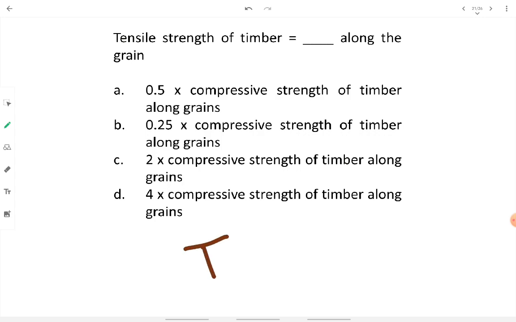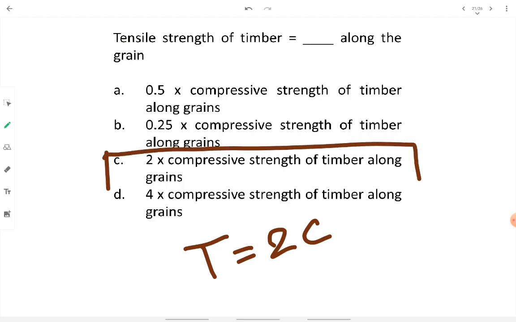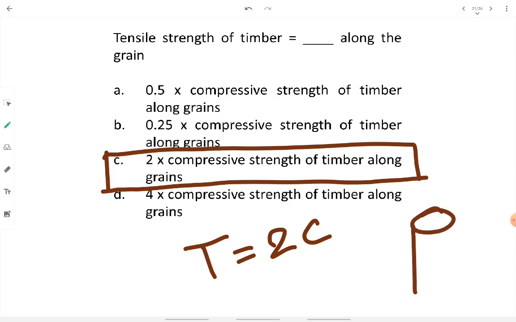Remember the thumb rule, T is equal to 2C along the grain. T is equal to twice the compressive strength. Therefore, T is equal to 2C, which is option C, 2 into the compressive strength of timber along the grain. Along the grain means in this specific direction.